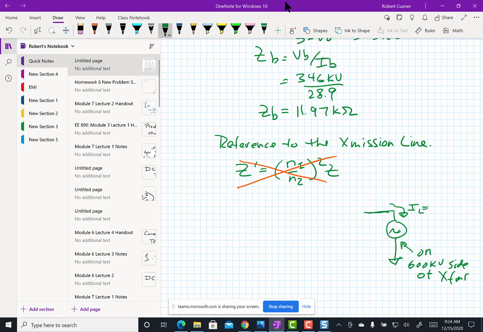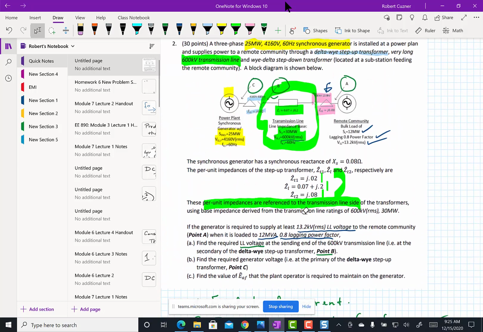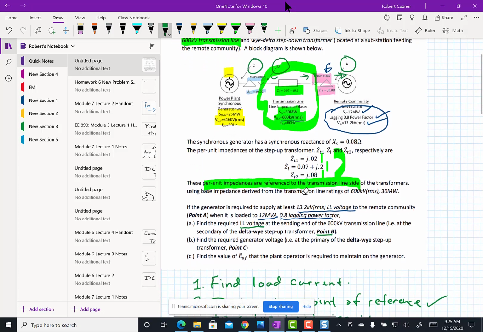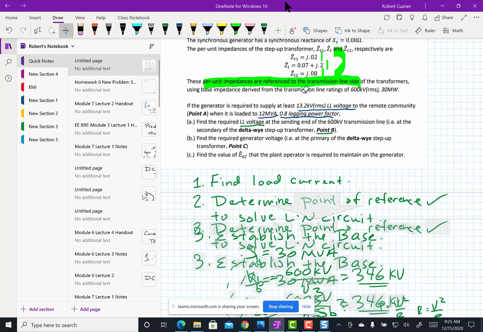This load current, just to show you, if we go in here, there's a load current that's going at point A that you could calculate from this information that was given. And then you need to move that load current over to the other side of the transformer. So let's find the load current.